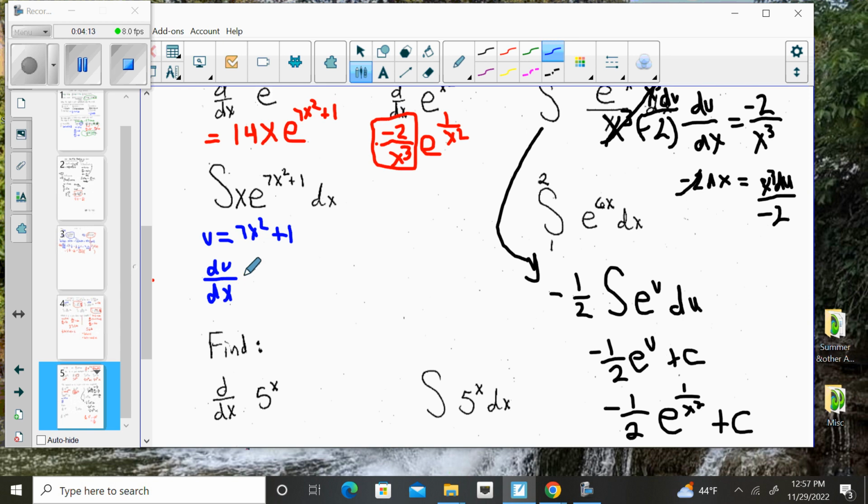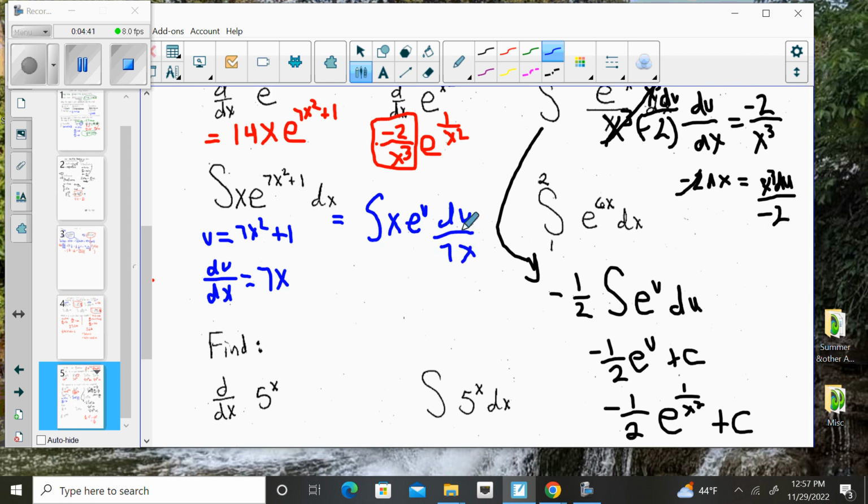Good thing, those x's will cancel. dx is going to get replaced by du over 7x. So I'm going to get this, e to the u. dx is replaced with du over 7x.